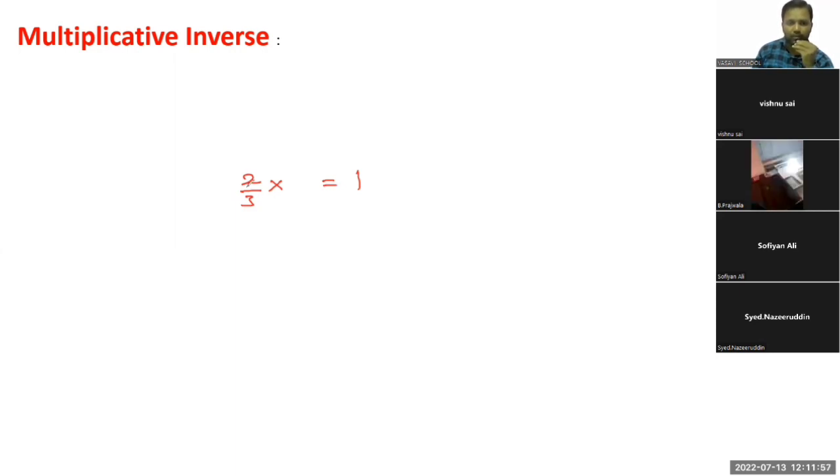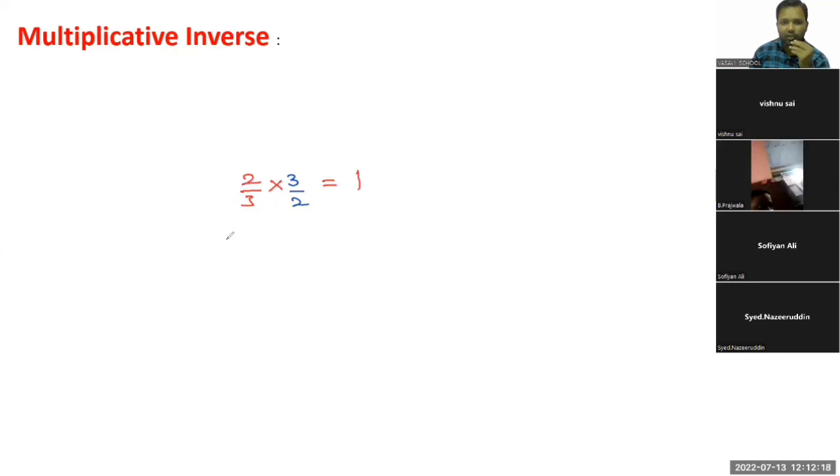Obviously, we know that when you multiply 2 by 3 with 3 by 2, we get the result 1. So observe here 2 by 3 and 3 by 2. Here one number is changed into the other by interchanging its numerator and denominator.